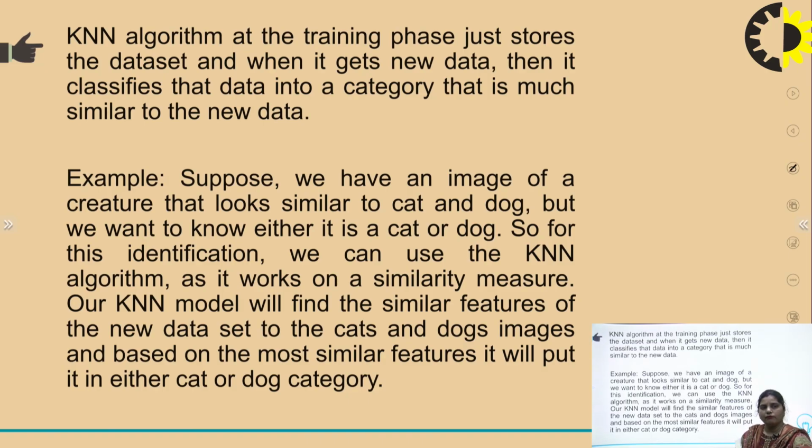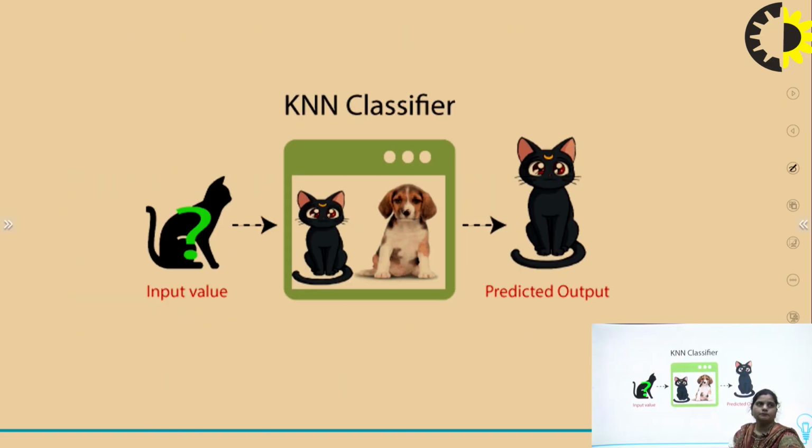The KNN model will find the similar features of the new data point, or new image, to the cat and dog images which are available at that time, and based on the most similar features, we will put it in either the cat or dog category. Whichever category it has the most similarity with, we assign the new data to that category.